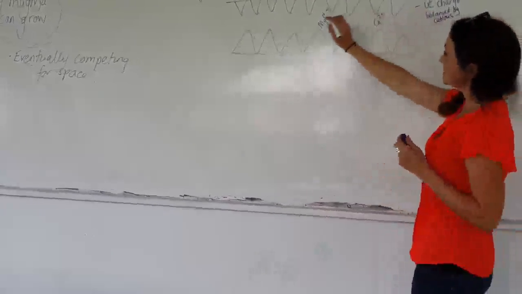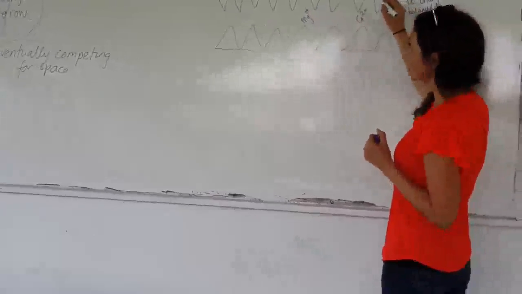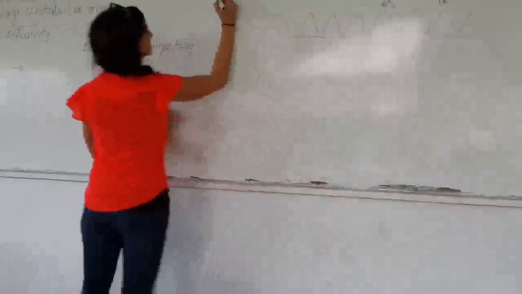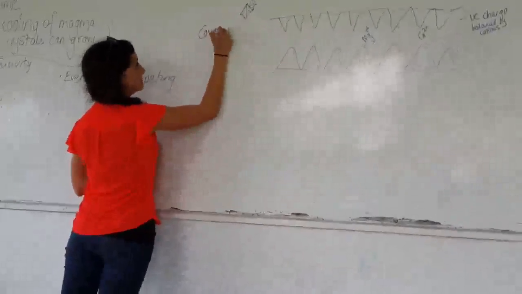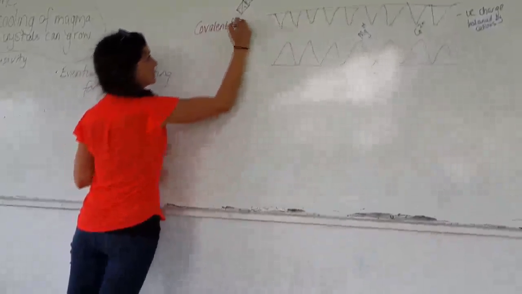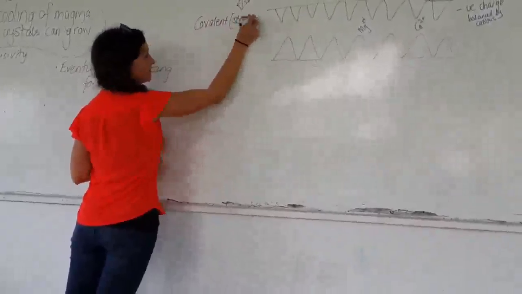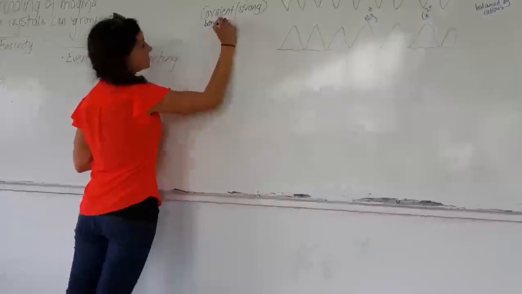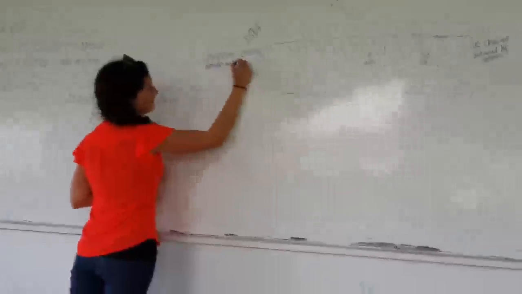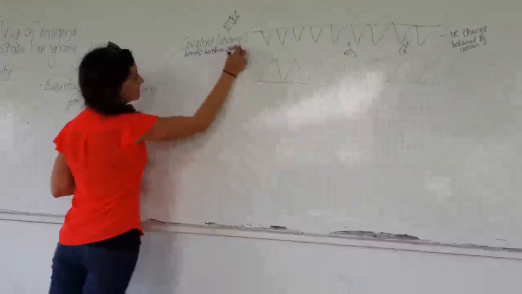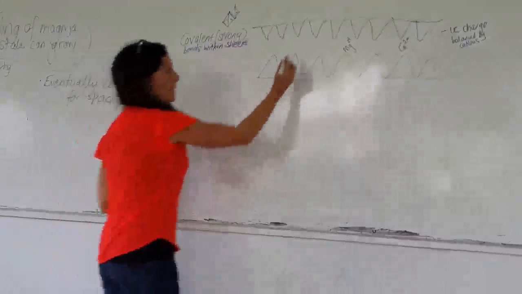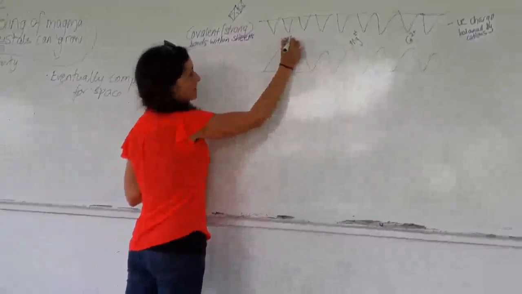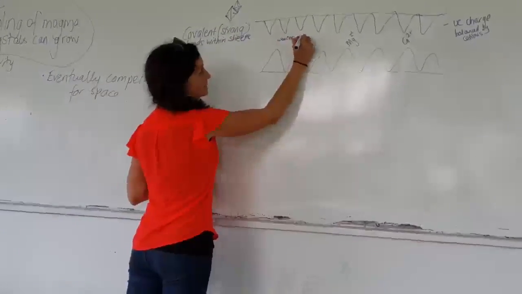So within each sheet, the tetrahedra are covalently bonded to each other. So we have strong covalent bonds within sheets, and between the sheets, you have weaker ionic bonds.